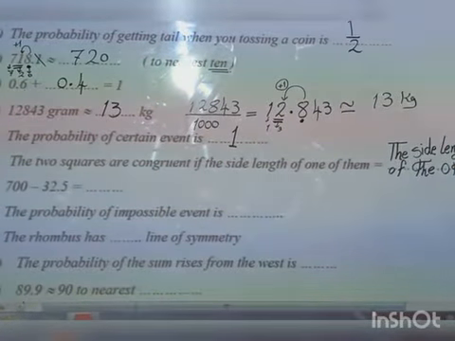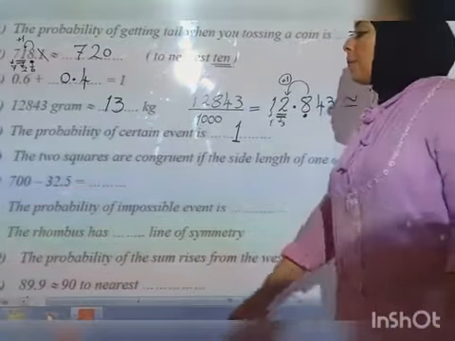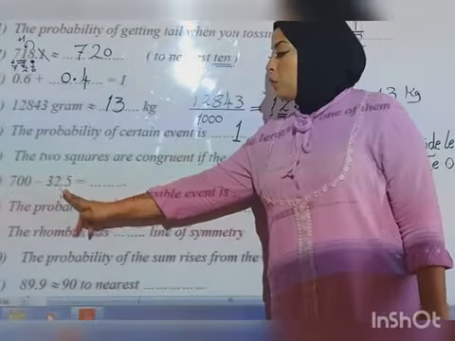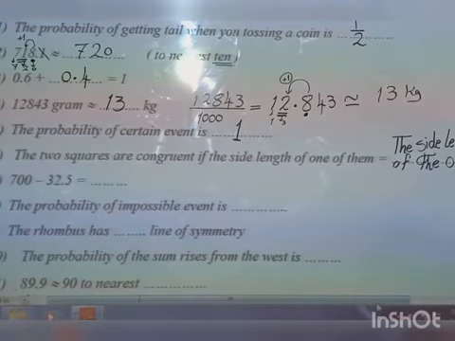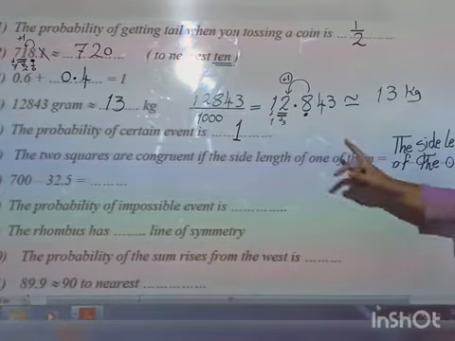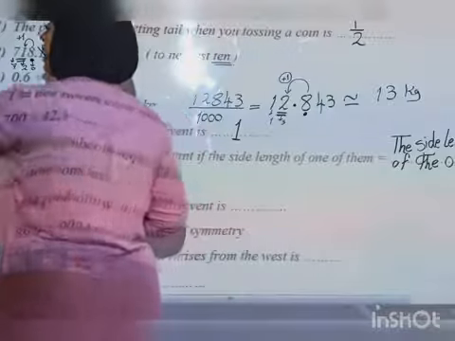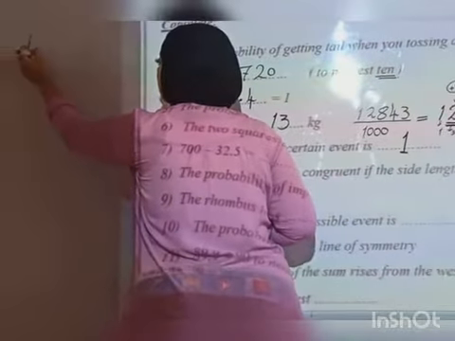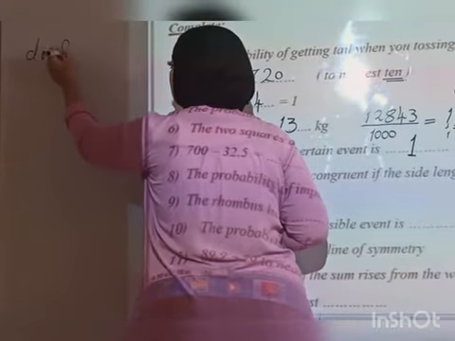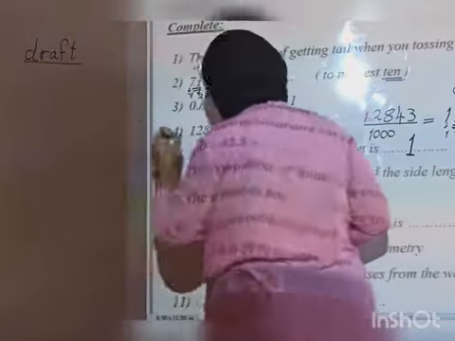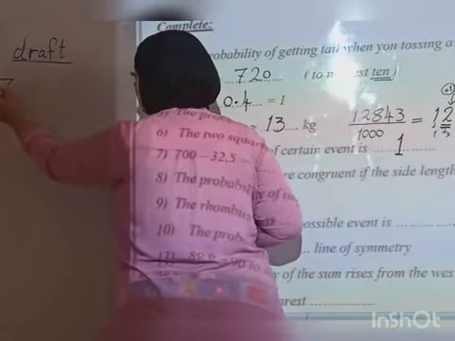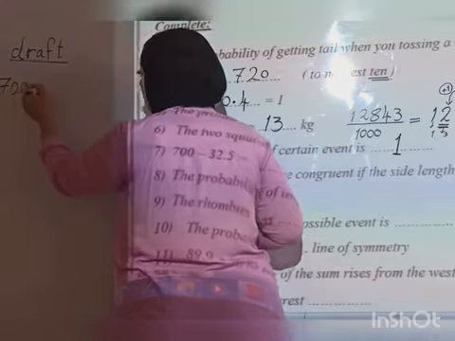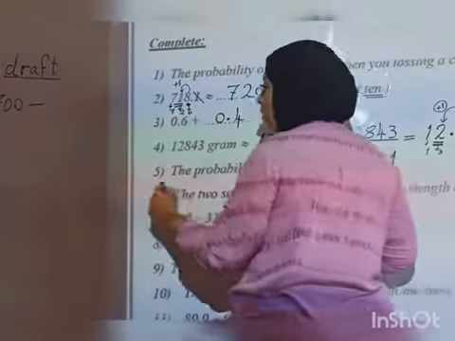Number 7. 700 minus 32.5. Now we'll take this to a draft. Here is the draft. 700 minus 32.5.